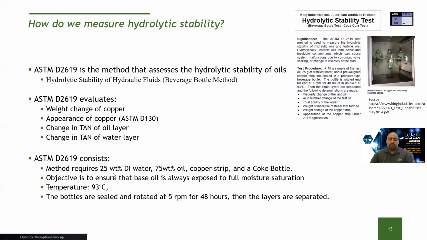It's rotated for 2 days, 48 hours, at 93 degrees Celsius, and then the layers are separated. So this test uses a pretty large amount of water. That's just to ensure that the base oil is always exposed to full moisture saturation.